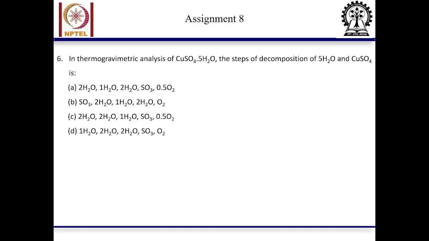Okay, Sunil is saying C. 2 water molecules, then 1 water molecule, then SO2, and then 0.5 O2. Okay, yeah. Now can you tell me 0.5 O2 from where it is coming? Sunil, I just explained, right? 0.5 O2 from where it is coming?